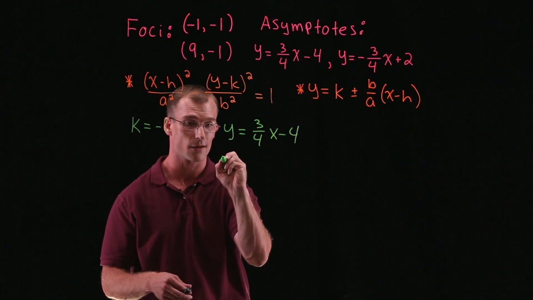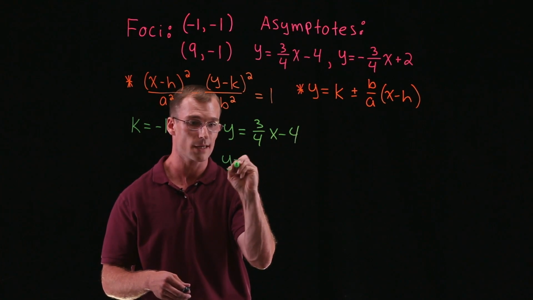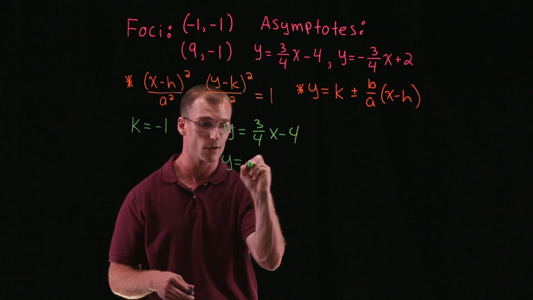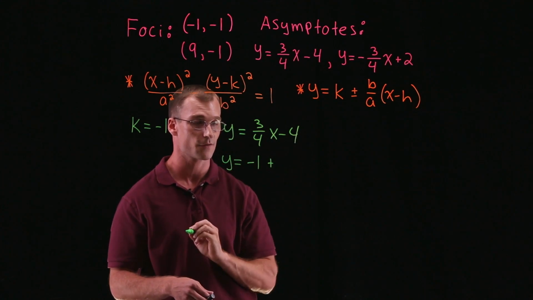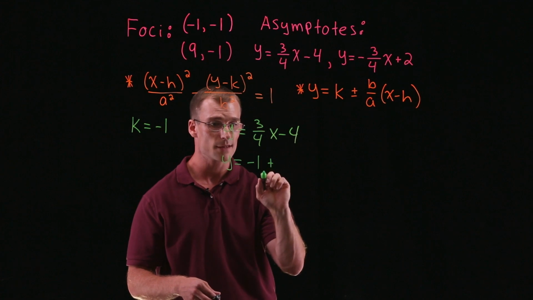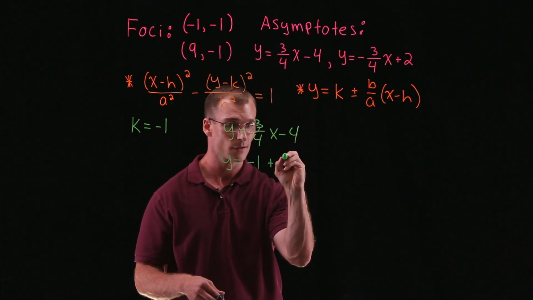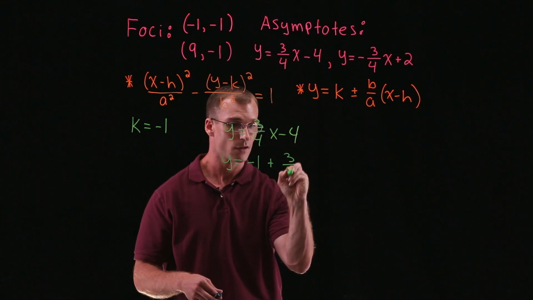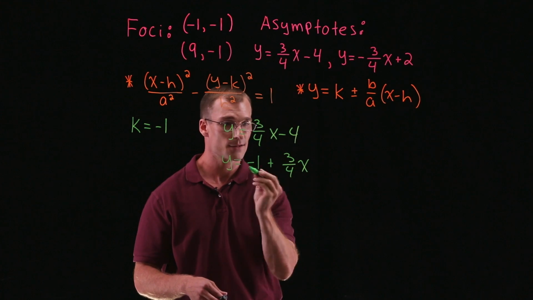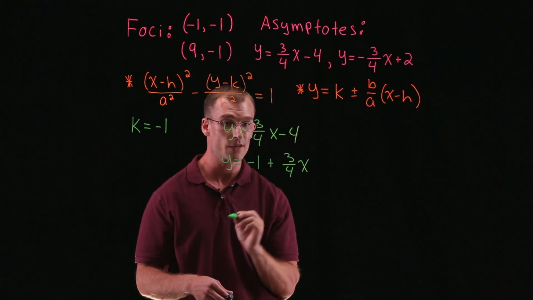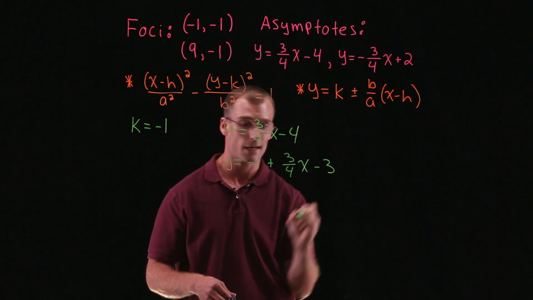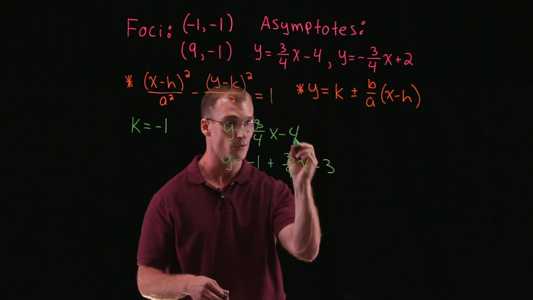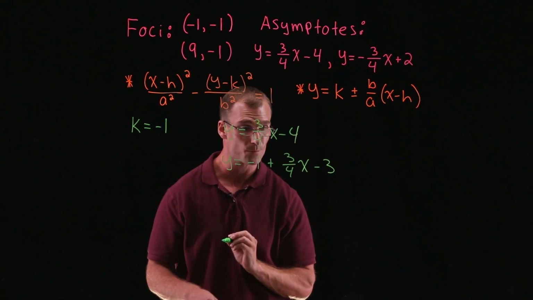So we'll have y equals k, which is -1, added with the rest of the stuff. We have -1 plus 3/4 x, and to make this equation the same as what we had previously, if we have -1 here, we'll make this a -3. So -1 minus 3 gets us back to -4.